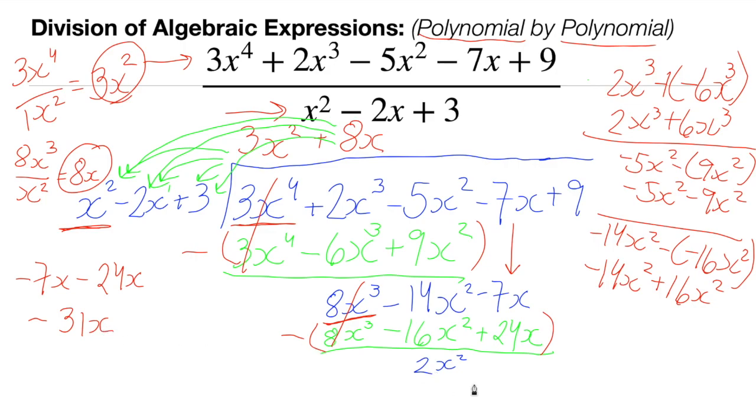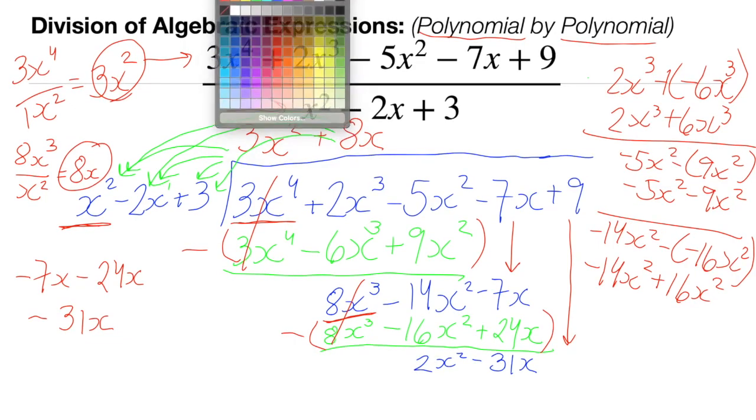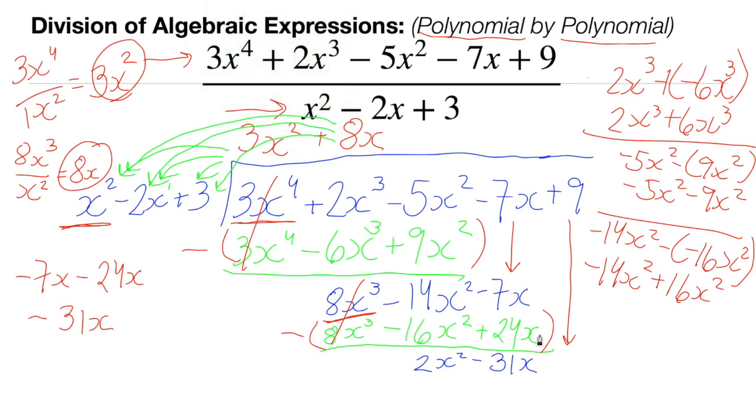Then copy that here using the blue pen, so this becomes minus 31x. And this is the time we will be bringing down the last term. Sorry for that previously. If we bring that down, we write here the plus 9.